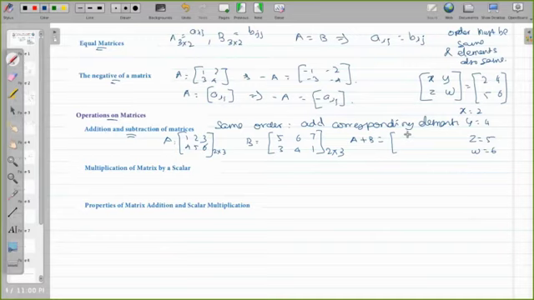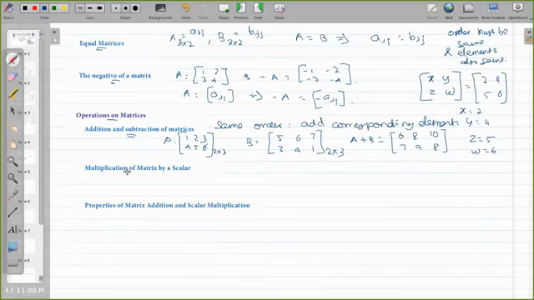Children, corresponding elements should be added. So here 1 plus 5 is 6, 2 plus 6 is 8, 3 plus 7 is 10. Then 4 plus 3 is 7, 5 plus 4 is 9, 6 plus 1 is 7. So A plus B is equal to this one. We can do the subtraction also, children, in a similar way.